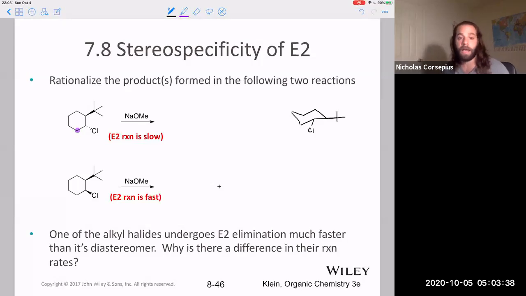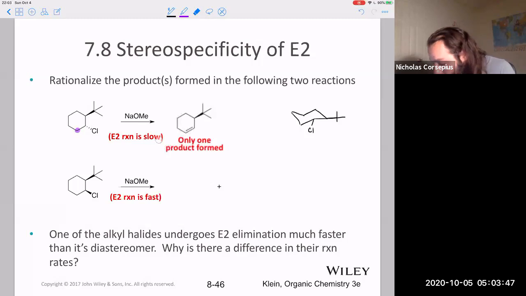And E2 reactions can't happen when they're in the equatorial position. So even though we will get formation of the product and we would only have one product that's formed, it would form very slowly because it would require a chair flip that puts that big bulky tert-butyl group into the axial position.